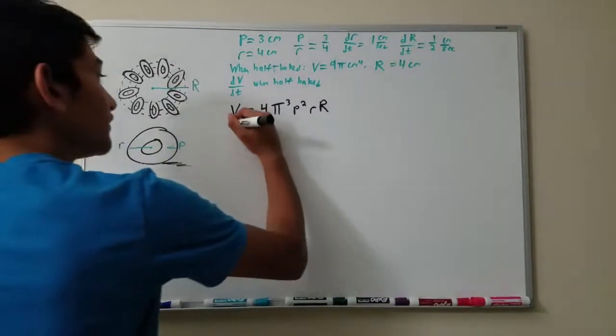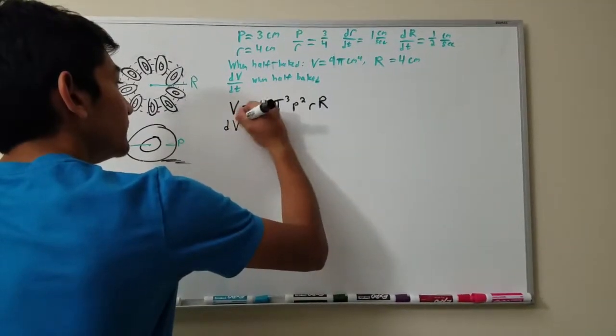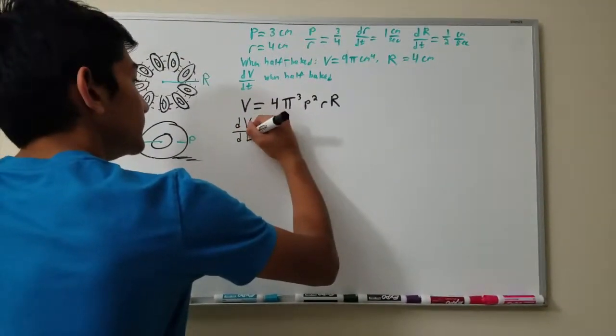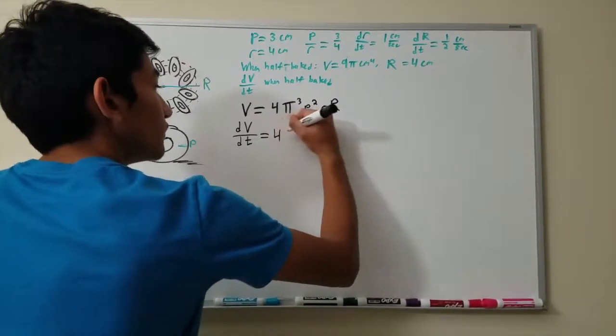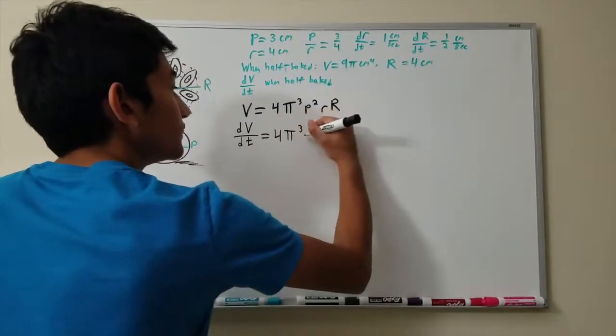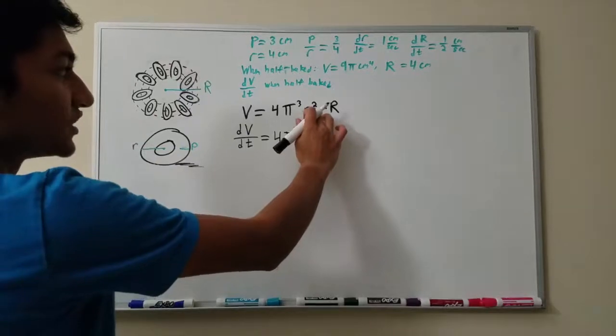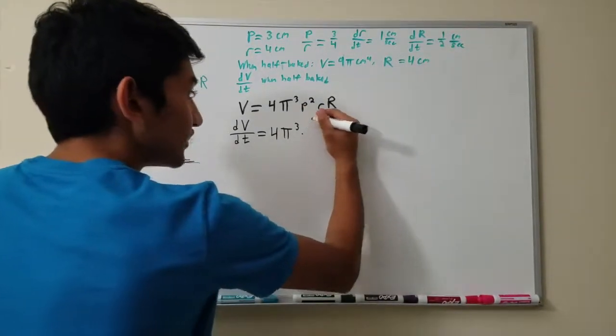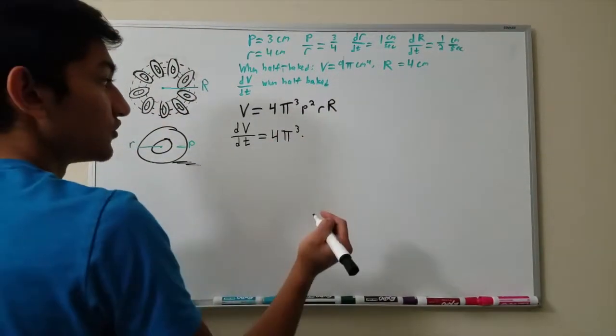So if we take the derivative of this, we get dV over dt is equal to 4 pi cubed times, now for P squared, we actually have to use the chain rule since this is all a function of time.